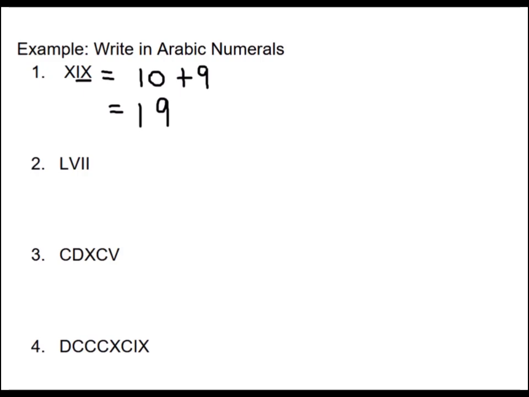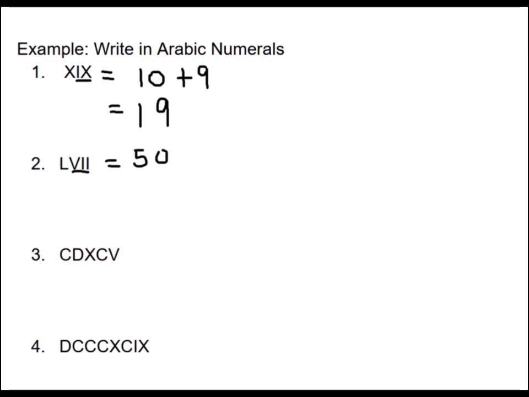So I've gotten 19. In the next number, I have LVII. L is a single letter. The ones that are always together, we underline them. So we have VII. So I'm going to split that. What is L? L is 50.